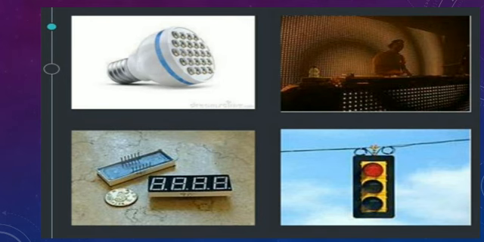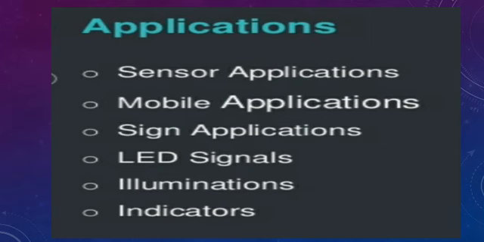And see, these are the different types of LED. This is the LED screen, this is the number system LED, and this is the signal LED. So these are the different types of LED system. Next, applications. The LED is used in various fields.